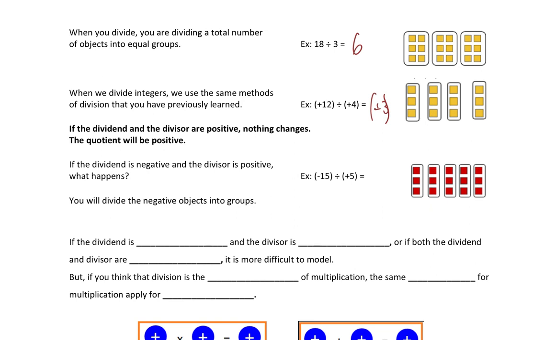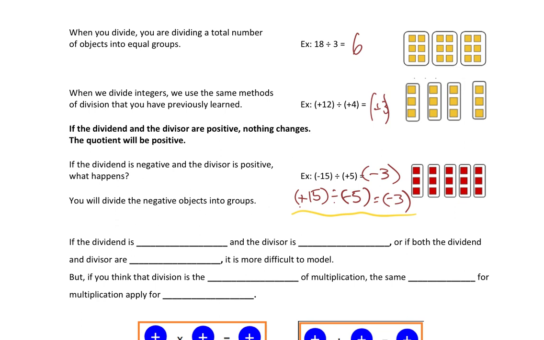Okay, so we're dividing them into groups of -3. And I could do positive 15 divided by -5, and I still have a positive and a negative, and I get -3 as my answer because I put it into negative groups. And this is why I would never ask you to draw this, because it's really, really confusing sometimes.